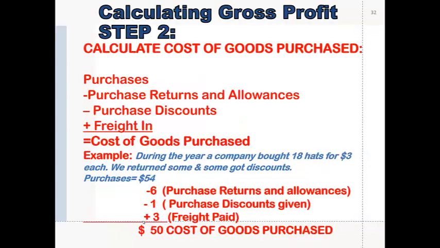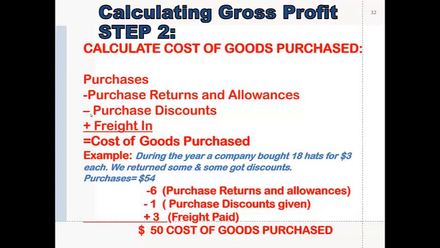And we're going to start with calculating the cost of goods purchased. Okay, so during the year, how much did we purchase in goods? So we can look in our purchases account and then figure out of those purchases how much we returned, how much was extended in discounts, and then the freight we paid to get the merchandise to us. So that gives us the cost of goods purchased.